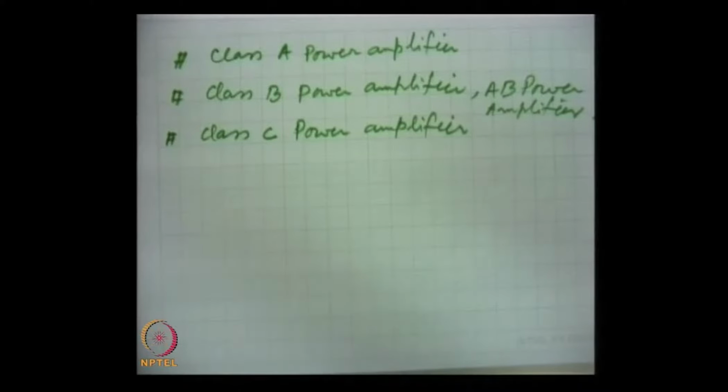In class A power amplifier, we bias the device, the transistor, in such a way that the output current, the collector current, flows for the whole input cycle. We choose the operating point such that the output current flows for all the 360 degrees angle, and that is written as conduction angle.